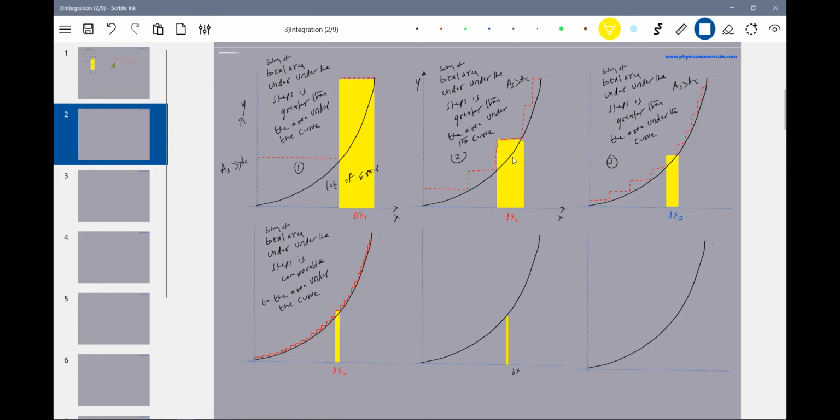Infinitesimal means it will become equal to dx. So earlier, the first case it was like this, delta x1, then I decrease delta x2, delta x3, delta x4. Now the delta x tends to 0, it will become dx. So it is so small that I cannot draw it. Okay, there's a dx now.